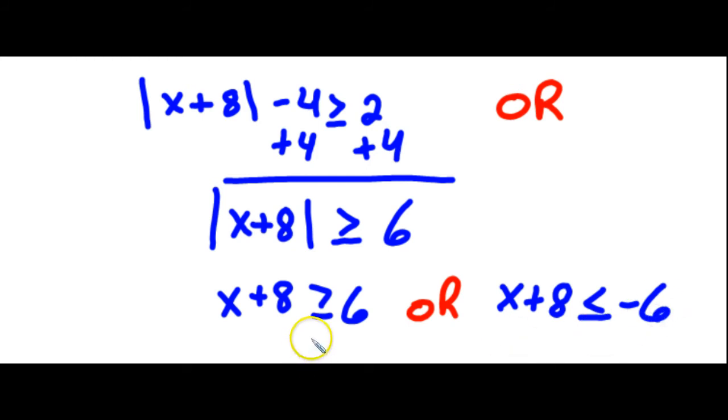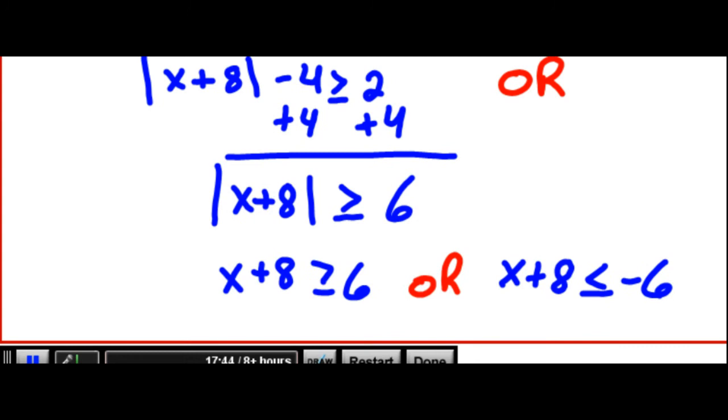Basically what we do is we flip the sign around and make the other number negative to come up with our other equation. So these are our two compound inequalities.